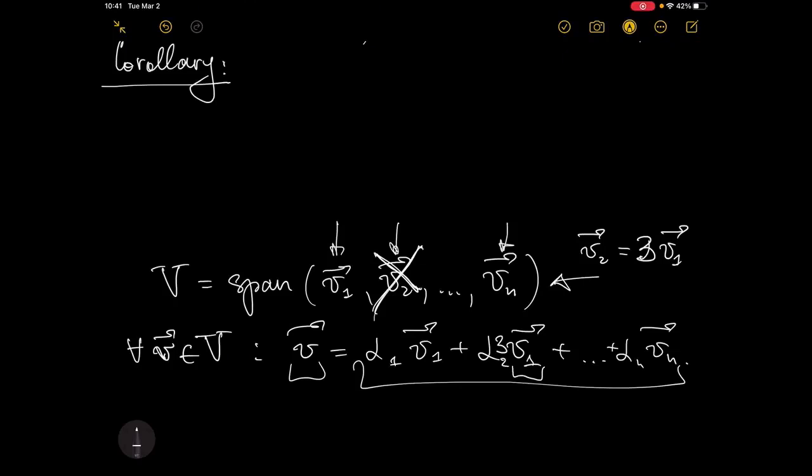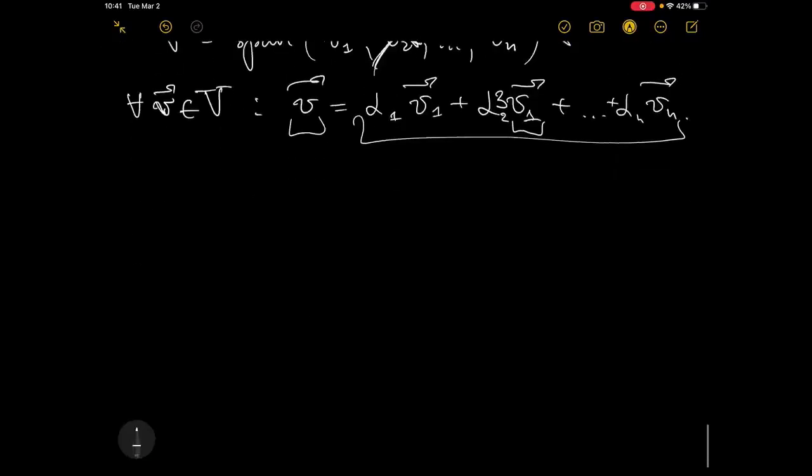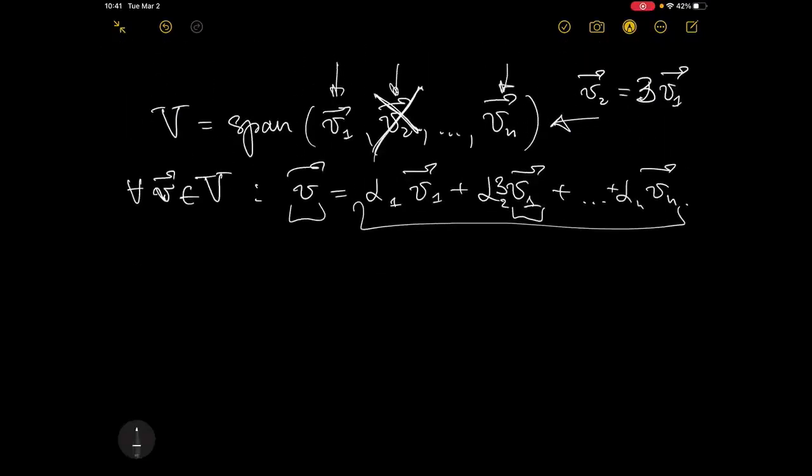So the span can have whatever number of vectors essentially. For example, I can always add here 4vn, and just increase the number of vectors in the span. Will it change the span? No, because this vector is linearly dependent with respect to this, right? Is it clear or not?